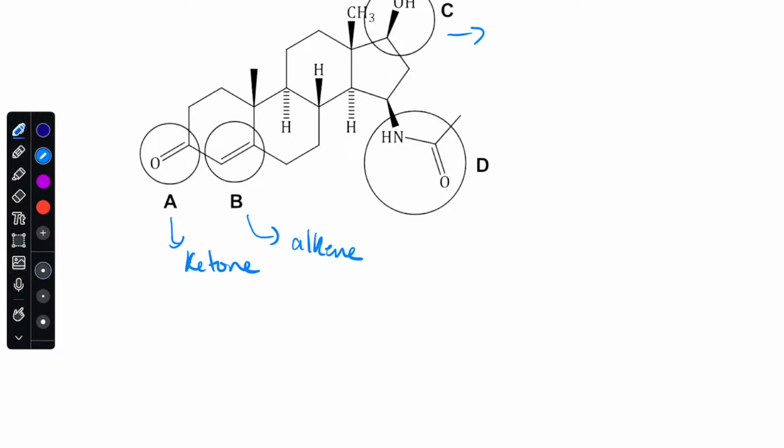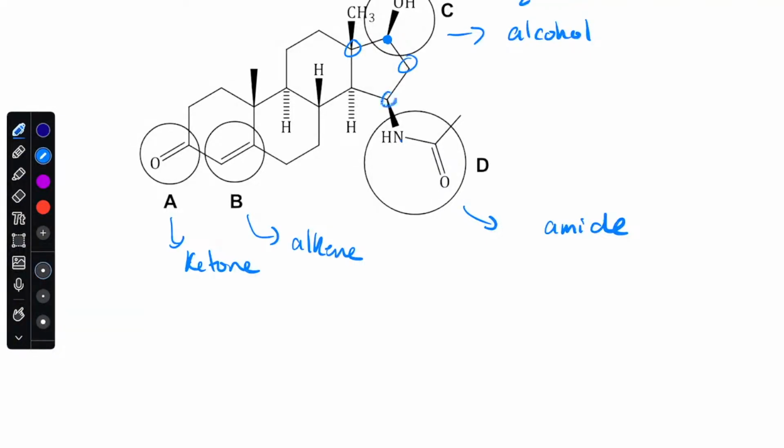C has an OH group on a carbon, no carbonyl group in sight. That's an alcohol. We call this actually a secondary alcohol because the carbon with the OH is bound to 2 other carbons. D is an amide, which is a nitrogen attached to a carbonyl group.